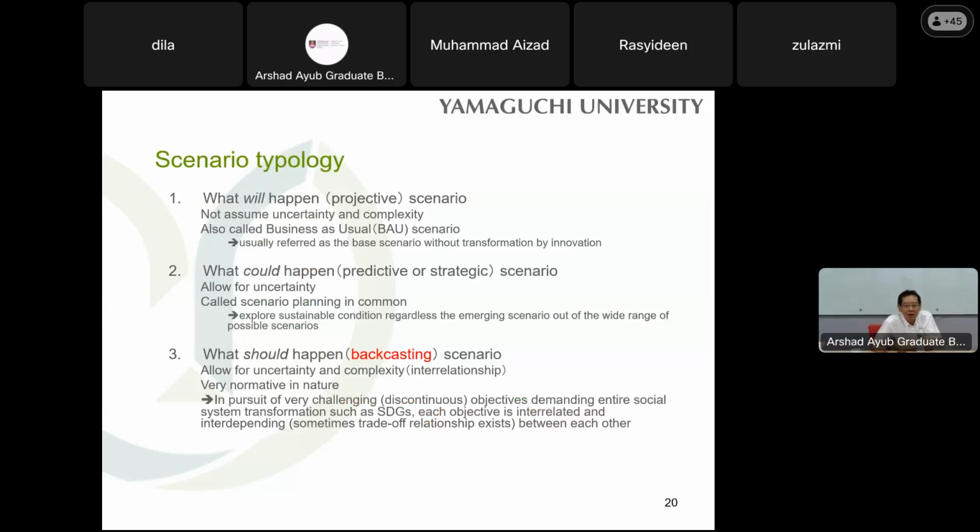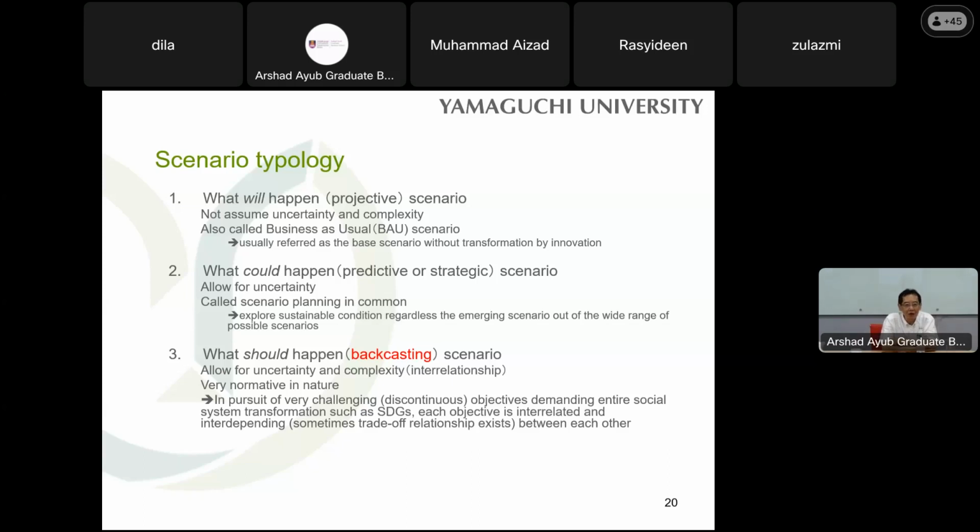And to be more capable of adapting the backcasting approach, you need to be more knowledgeable about types of scenarios. I usually instruct our students who pursue the backcasting approach to start with scenario development.